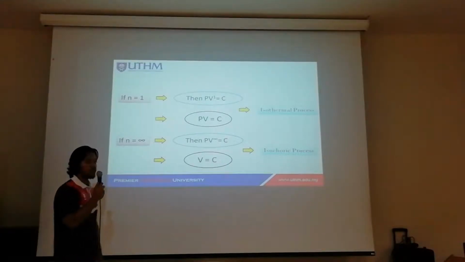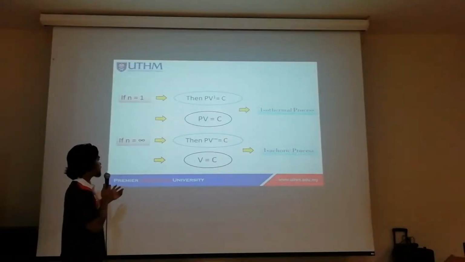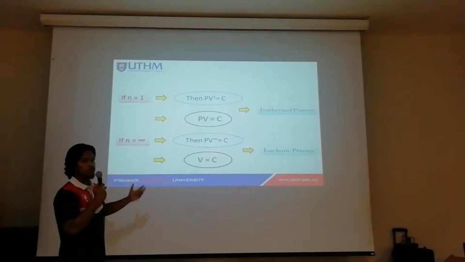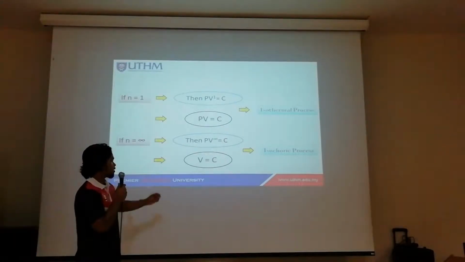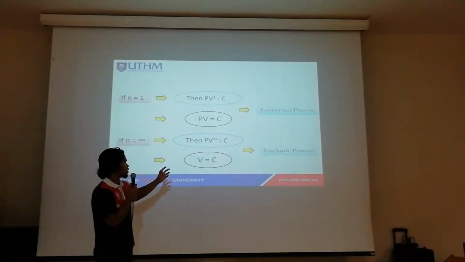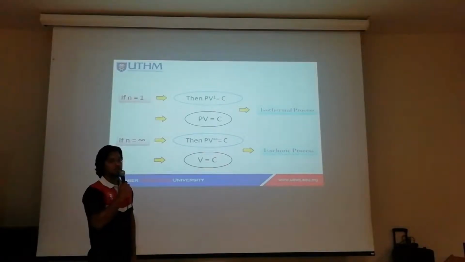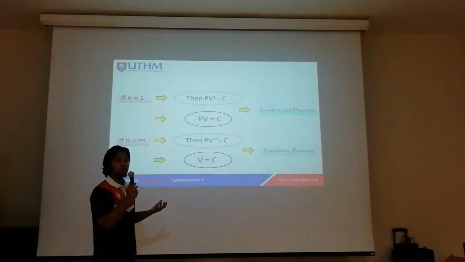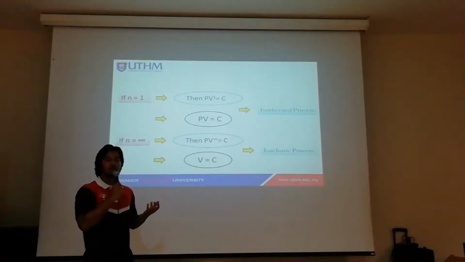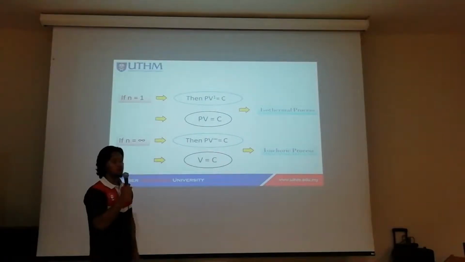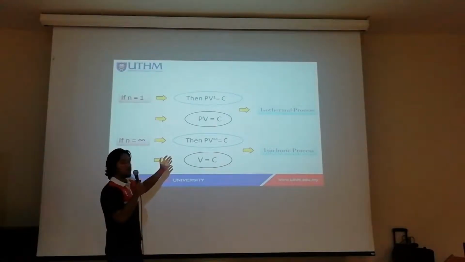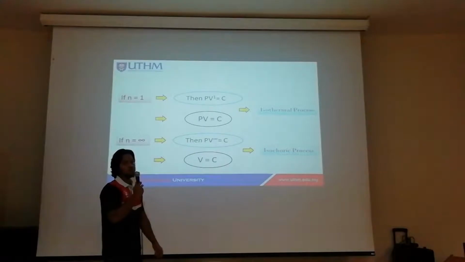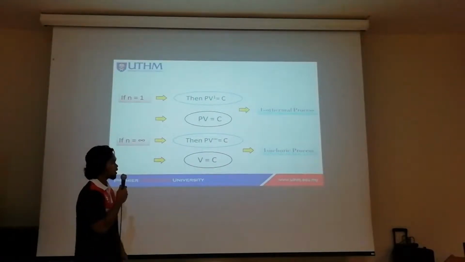And if we put n equal to infinity, then V has the power of infinity equal to C, and the final equation becomes V equals C, which means the volume is constant, and we know the process that makes the volume constant is the isochoric process. If you are confused about how I got V equal to C, don't worry, I will explain in the next slides.